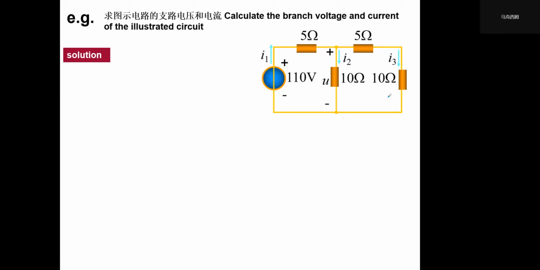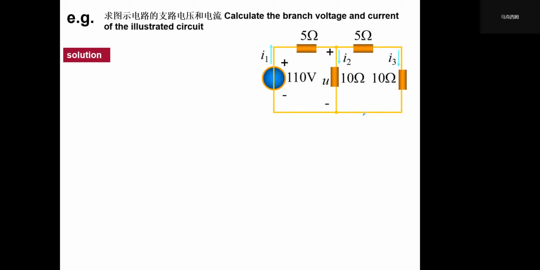Now, how could we calculate that? Of course, we can use the trick that we learned this morning, the node voltage method, and we could also apply the parallel connection of resistors and the series connection of resistors to do the trick, right?